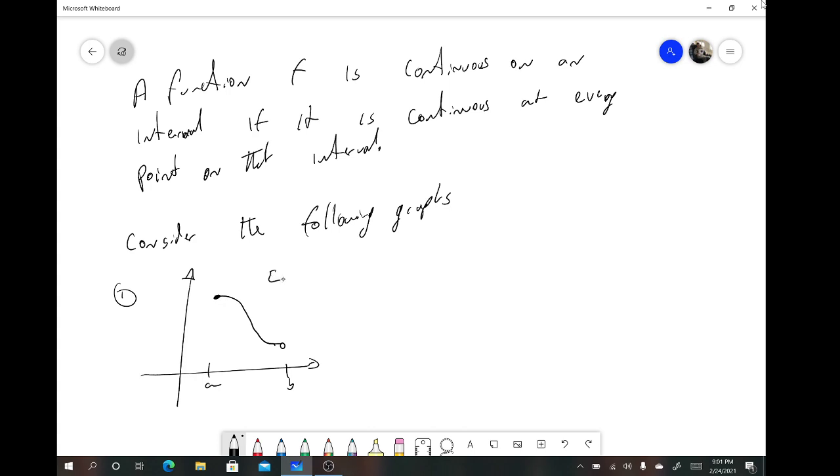So this is the interval AB, and then the other graph, let's call this one 2, will be the following. Still in an interval A to B. Now we have it that A is not included on the interval, it's the endpoint, but B is.